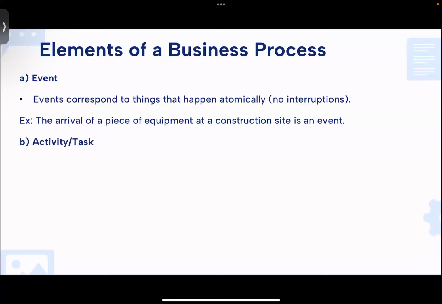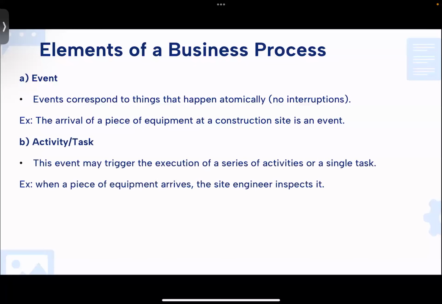The next one is the activity or task. After the arrival of the event, it might trigger execution of a series of activities or a single task. Once the equipment is received by the construction site, the site engineer inspects it. If you only have one single, very basic task, it is known as a task.